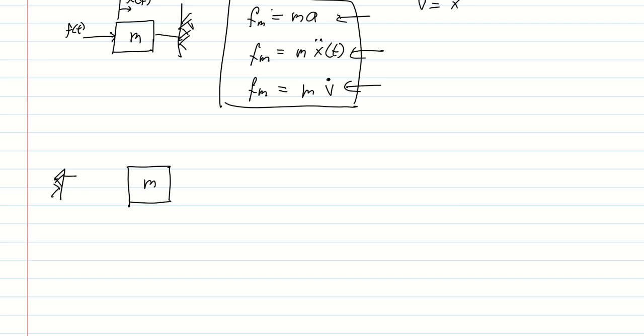So let's just draw the symbol for a damper. Then if we apply a force F of t in that direction, there will be a displacement also in that direction, x. This is K for the spring and the damping constant, just Ks and Kd.